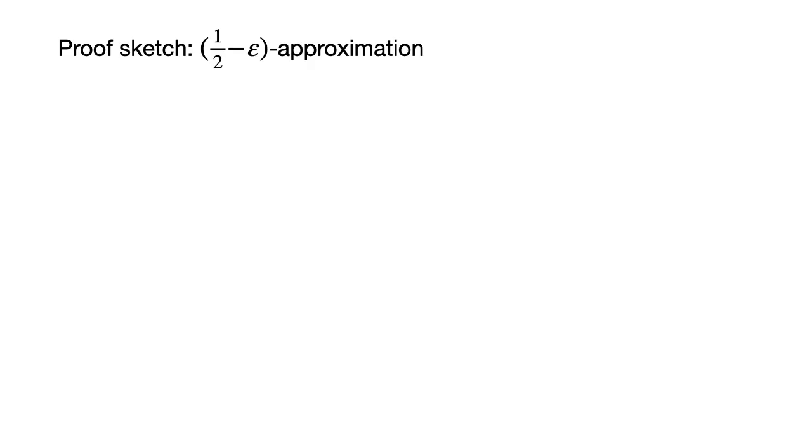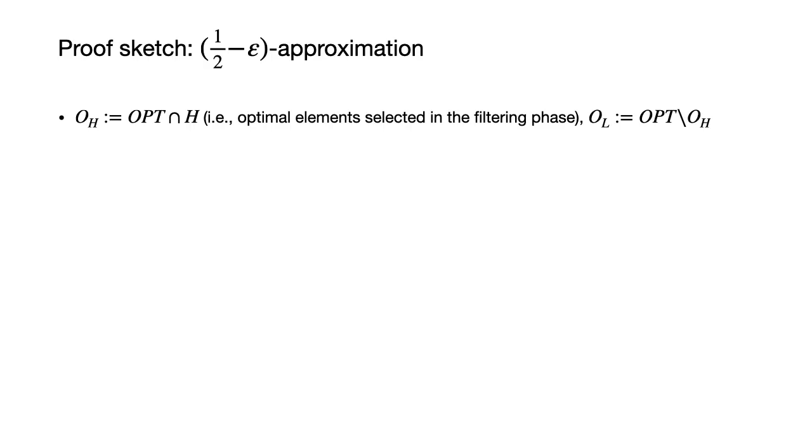Now let me give you a proof sketch of the near one-half approximation. We first divide the optimal set into two subsets. We let OH denote the subset of optimal elements that are selected in the second filtering phase, and we let OL denote the subset of optimal elements that are not selected in the filtering phase.